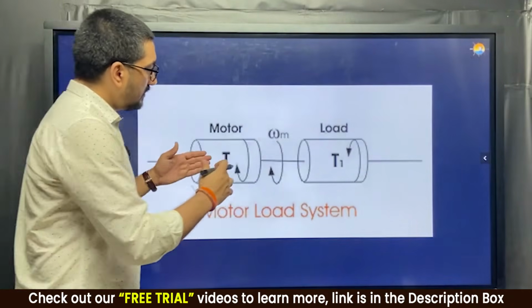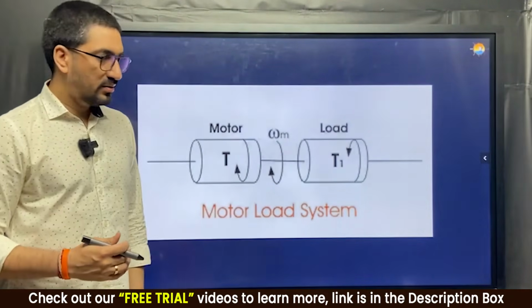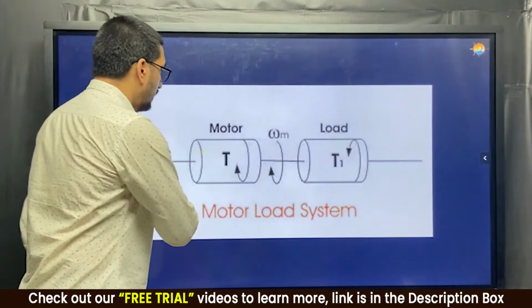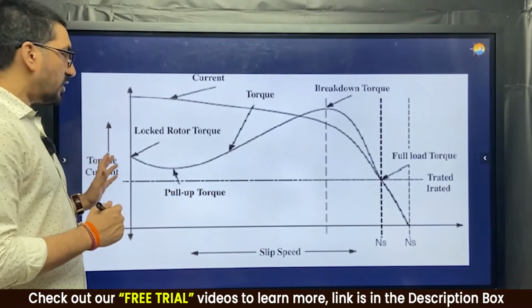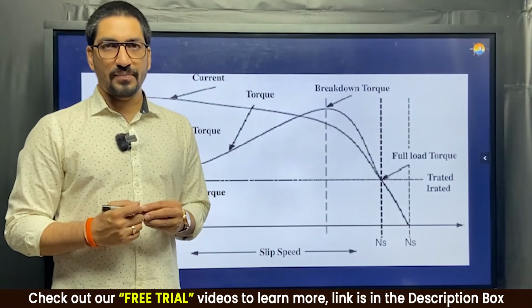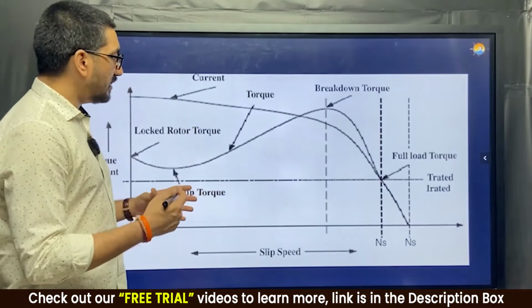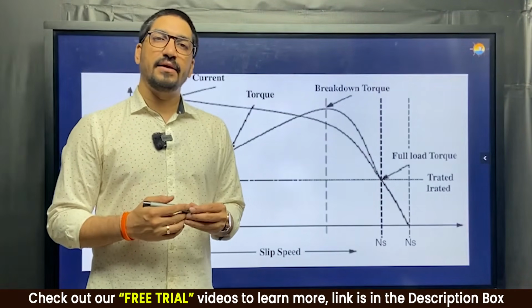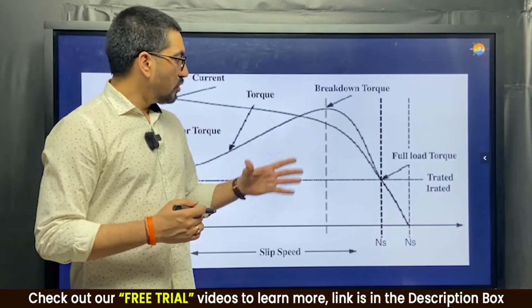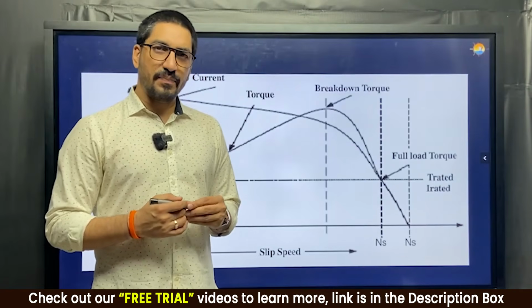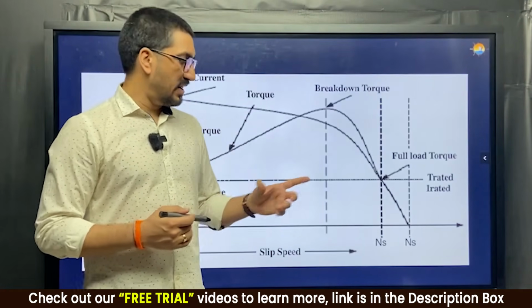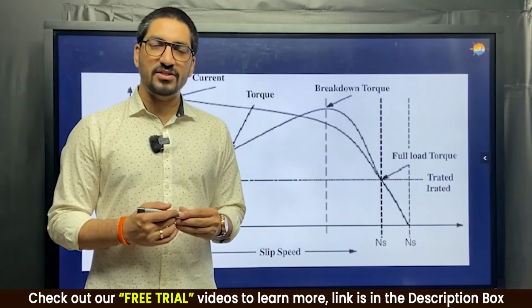So there will be a fight going on here. So let's see the slip and torque characteristic of an induction motor, and then you will understand better what exactly is happening inside. So we'll start to cover this in a fresh video. Let's take a break here and we'll see you in the next video, and we'll discuss the speed and torque characteristic of a motor.